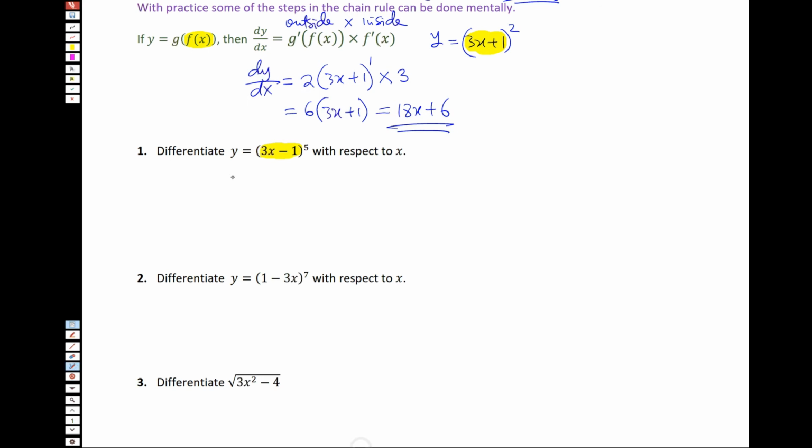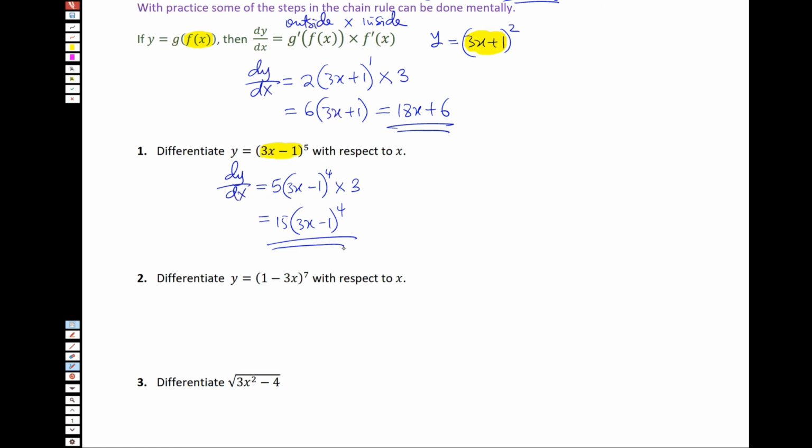So dy over dx will be equal to outside, so you'll have 5 into (3x minus 1). Of course the power reduces by 1. And then differentiate inside, that will be 3. And therefore we end up with 15 into (3x minus 1) to power 4. And that will be the required solution.